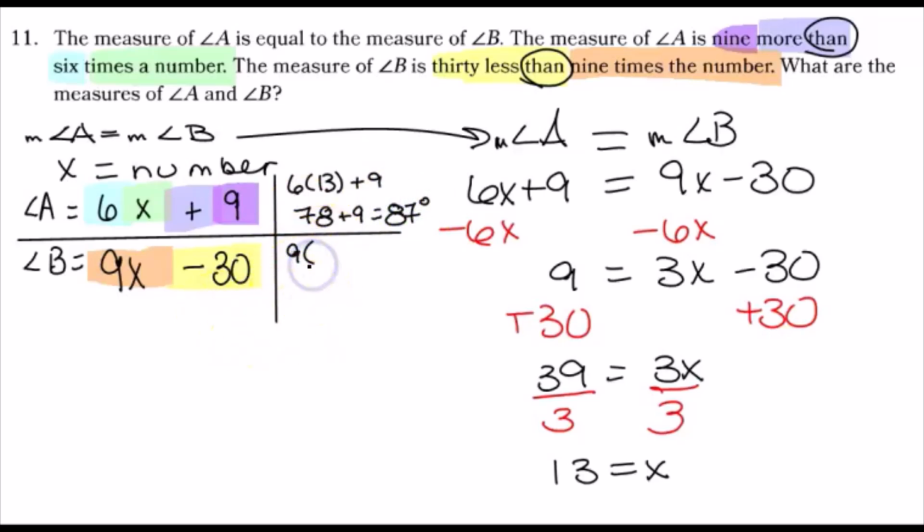And then 9 times 13 minus 30. 9 times 13, that's 27. Carry the 2. 1 times 9 is 9. So that's 117 minus 30, which is also 87. So the measure of angle A and the measure of angle B are 87 degrees. Sorry.